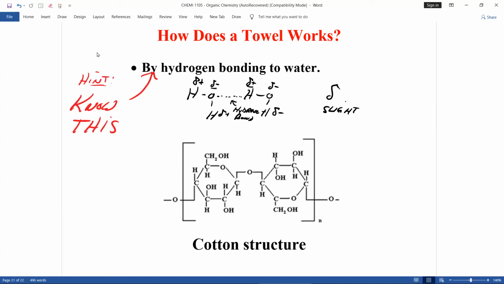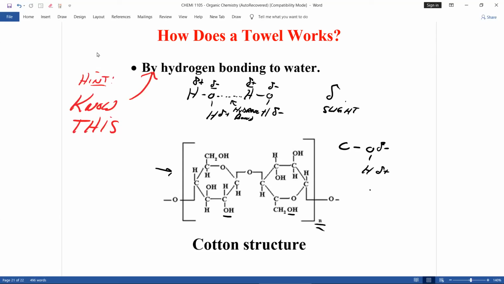Now, here's the structure of cotton. N here is a couple 100,000. And notice it has carbons with OH, we call those hydroxyl groups. And each one of these carbons with an OH, same thing happens.